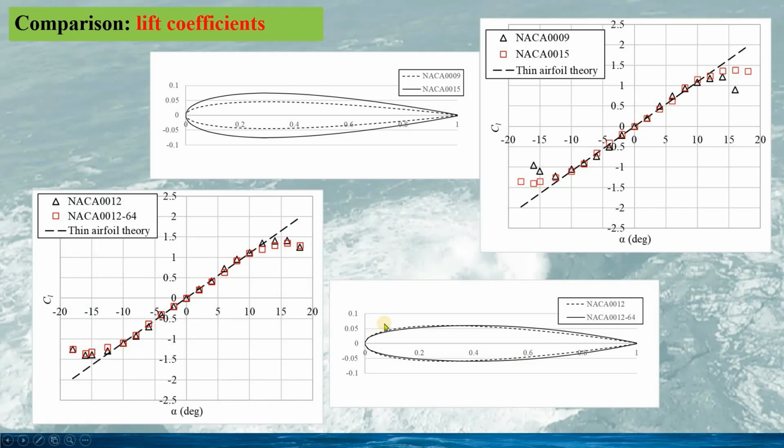If we look at the experimental data and the prediction from the thin airfoil theory, we can see, again for the lift coefficient, in the small angle of attack, both symmetric airfoils are very similar, and the slope of the lift coefficient is very close to that from the thin airfoil theory. And from the comparison, we can see both airfoils have very similar stall characteristics, see here and here.